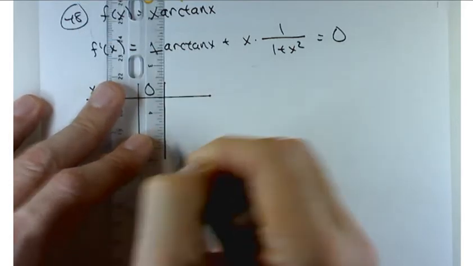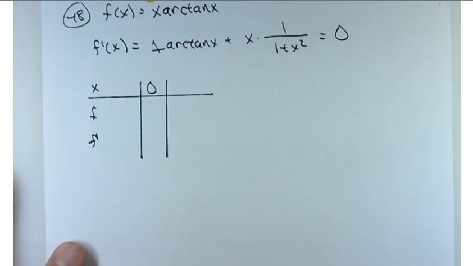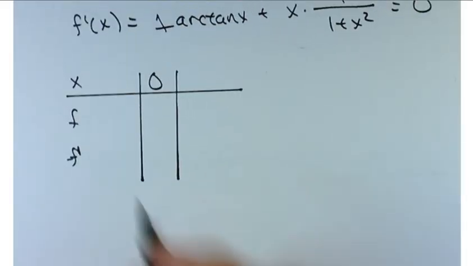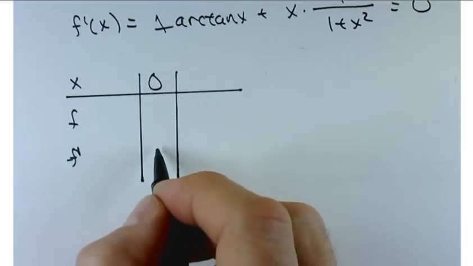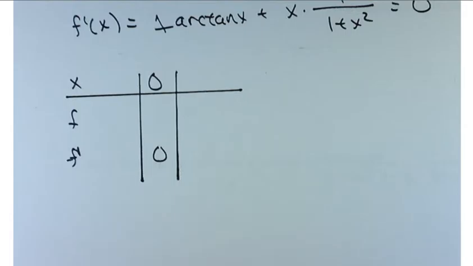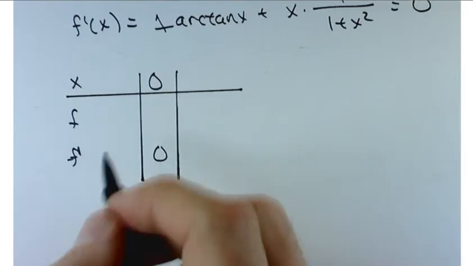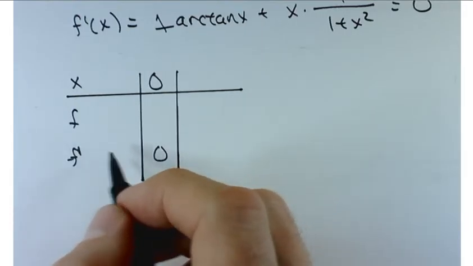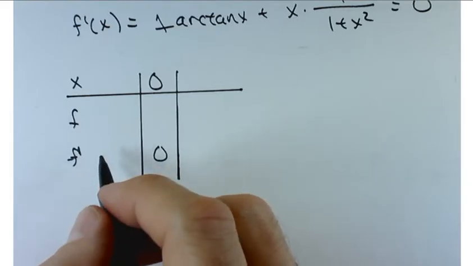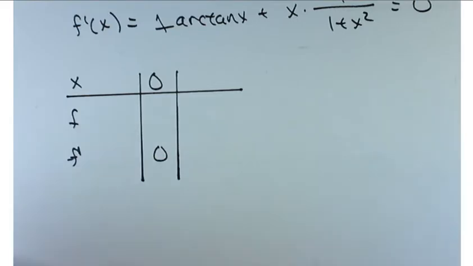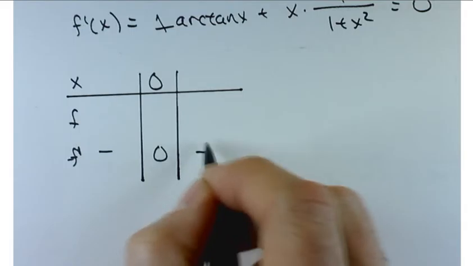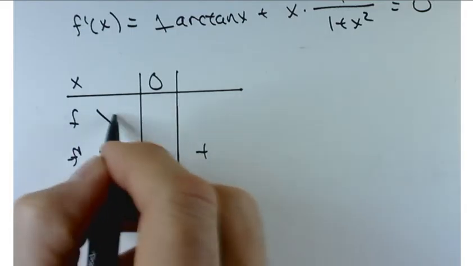Well, at 0, the function has a 0 derivative. To the left of 0, what's the sign of f prime? Negative. And then positive. So the function is decreasing, then increasing.